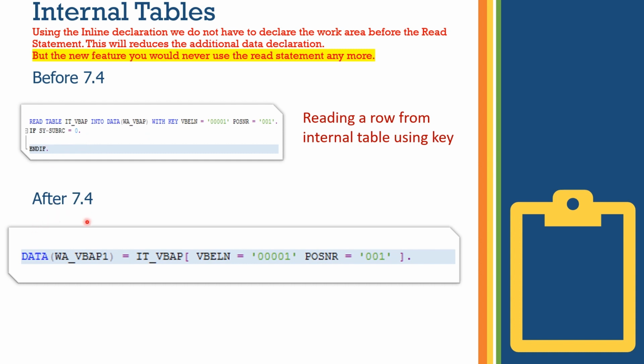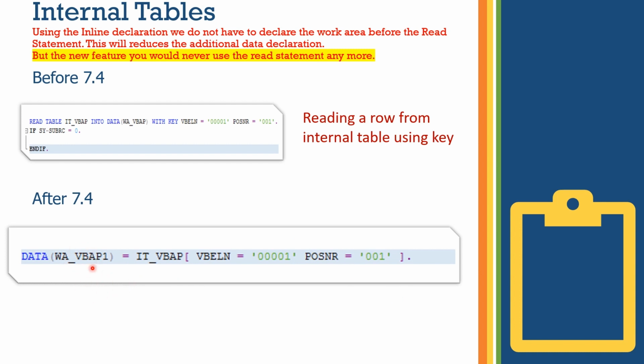But with the advancement of 7.4, how can we read the data from an internal table using a key? We do something like this. This is the internal table name, ITVBAP. In the square brackets, we provide the column names and the relevant values. Suppose here the column name is VBELN and its value is 1. Column 2 name is POSNR and its value is 001. Whatever the result is, we put it into WA_VBAP1.